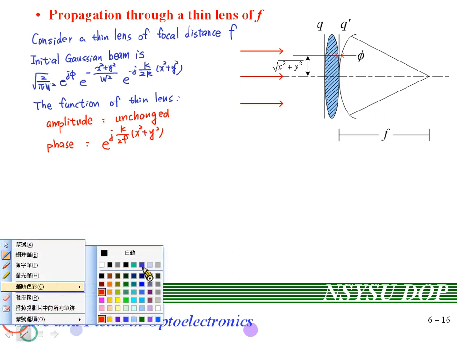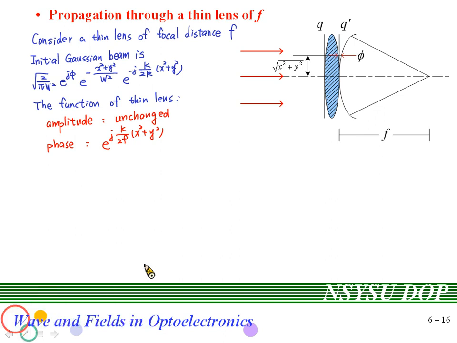Okay, so let us see what the total phase delay will be after passing through the lens. Suppose that after passing through the lens, the phase of the Gaussian beam can also be written in this form.